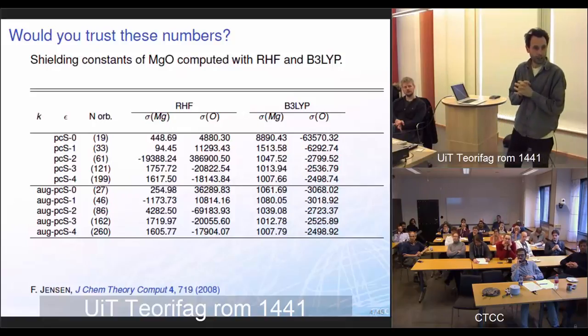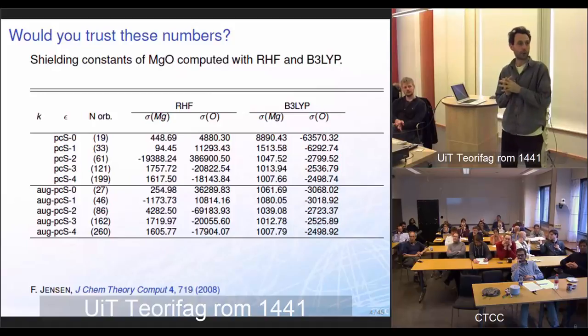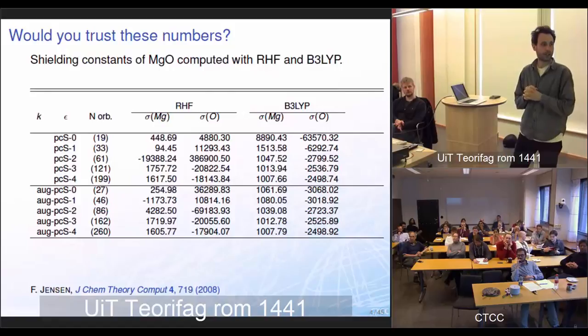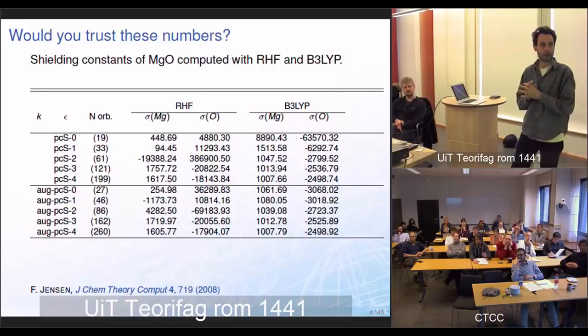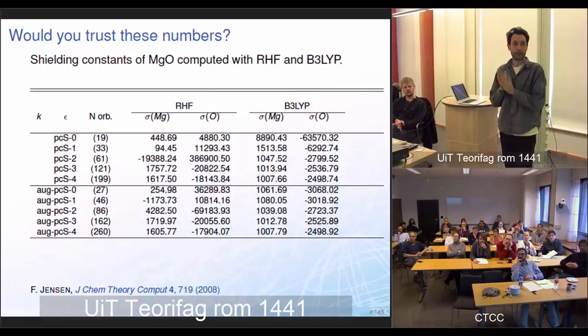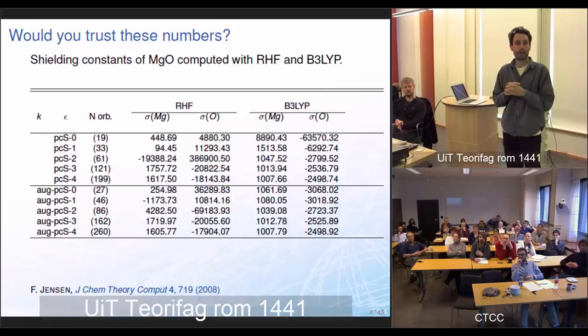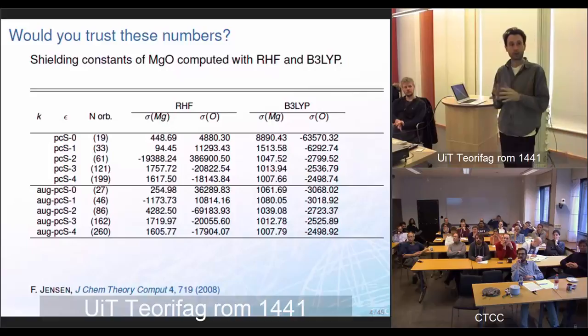I would like to draw your attention, for instance, to oxygen calculated with this augmented set of bases, which goes, for instance, for Hartree-Fock from 36,000 to 60,000 to 10,000 to minus 69 to minus 20 to minus 17. And it's not as erratic with B3LYP, but it's still not very well converged. You can see it goes from 3,000 to 2,500.